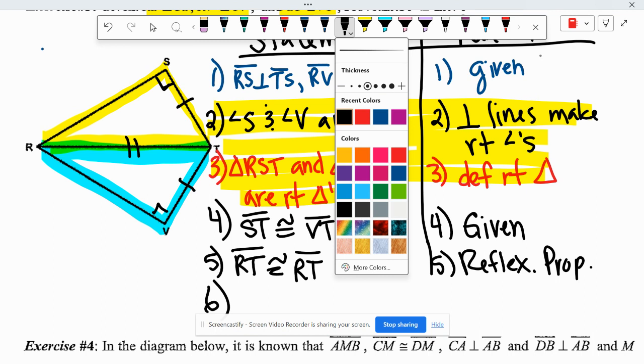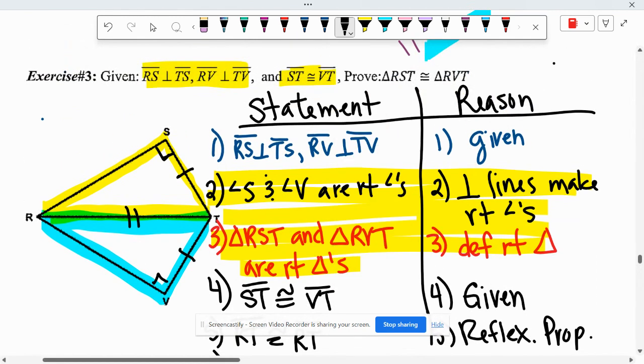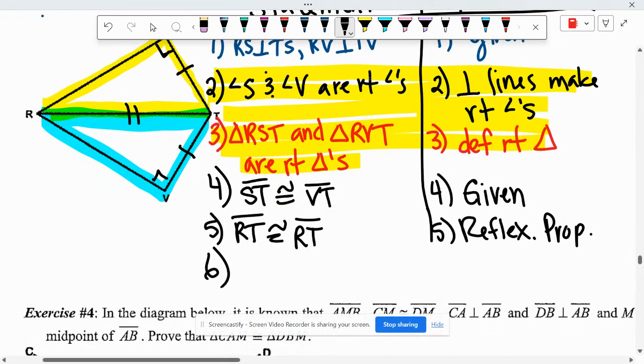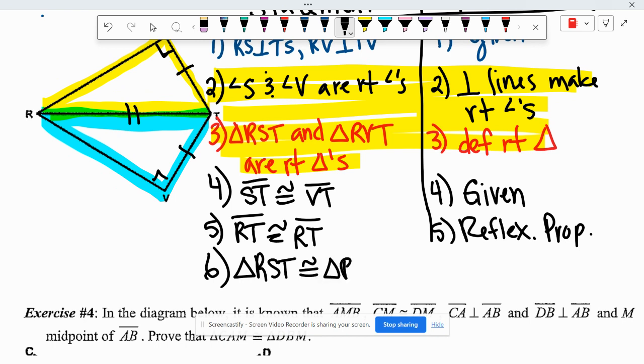So in the prove statement up here, what we're trying to prove is that triangle RST is congruent to triangle RVT. So we just want to say that. That's our last step. Triangle RST is congruent to triangle RVT.